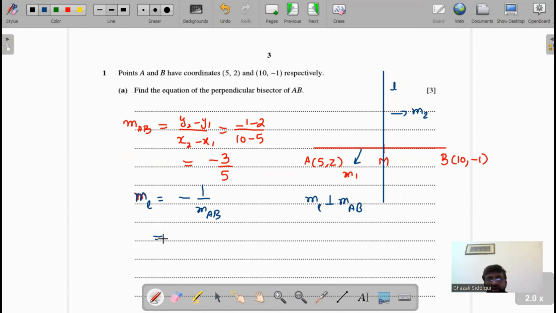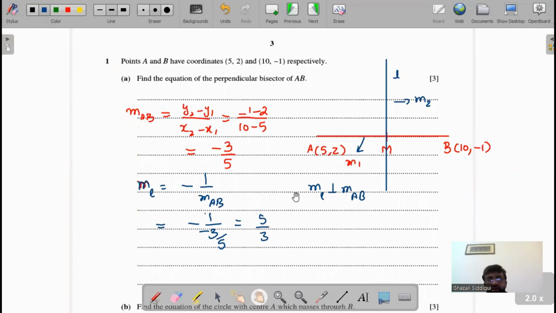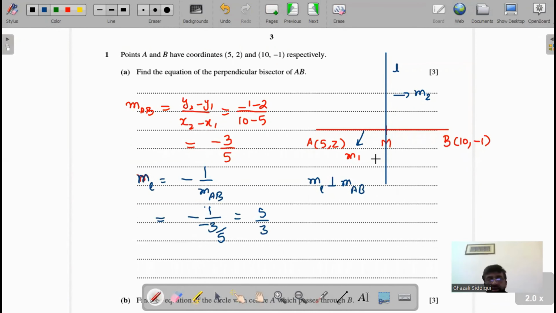Now that value is -1 over -3/5, which becomes 5/3, the gradient of the required line. Now to find the equation, we have to find a point.